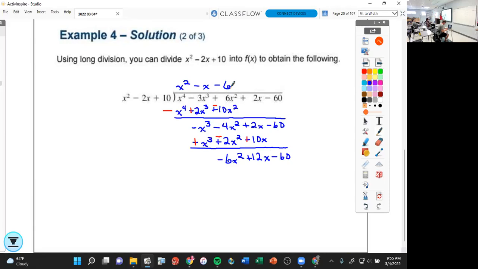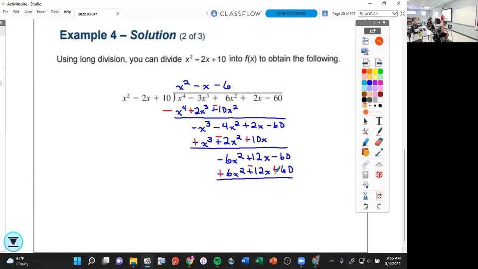Now to multiply, negative 6 times x squared, negative 6x squared. Negative 6 times negative 2x, plus 12x. Negative 6 times positive 10, minus 60. Rhyme time. Draw your line.